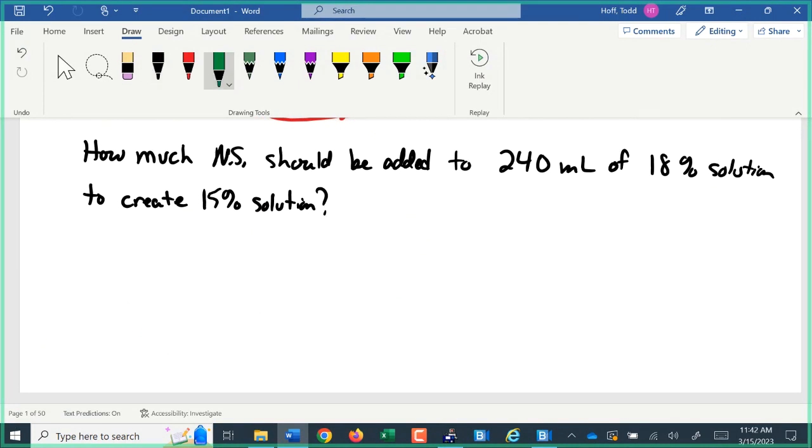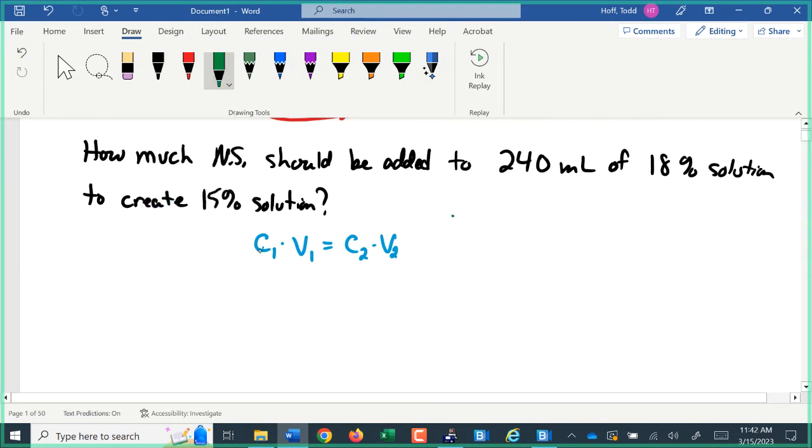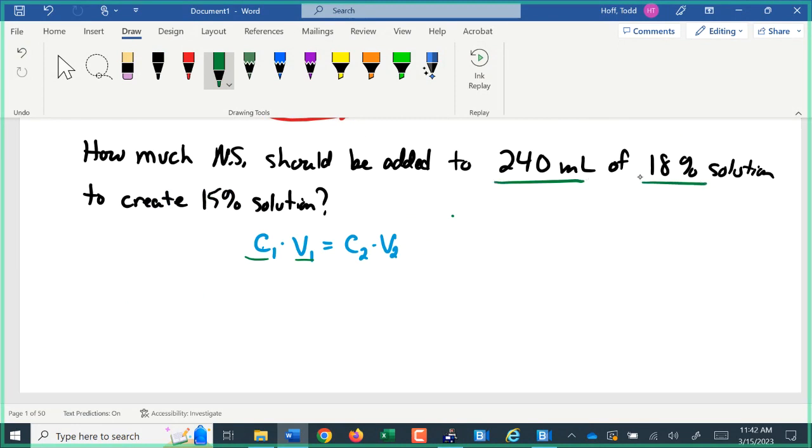Again, we're looking at that same formula, C1 times V1 equals C2 times V2, and we plug in numbers. C1, V1 is the one that we have both numbers of: 240 milliliters of 18% solution. So 18% times 240 equals, once again, 15% times V2.